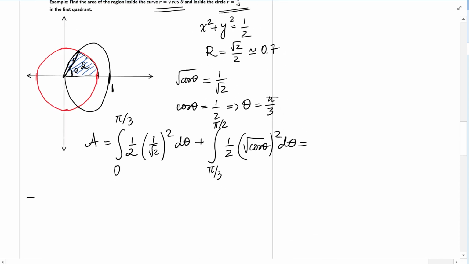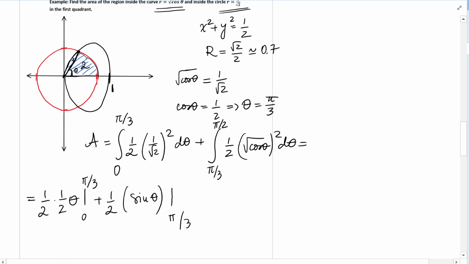We get 1 over 2 times 1 over 2 theta from 0 to pi over 3, plus 1 over 2 times the integral of cosine theta, that's sine theta, from pi over 3 to pi over 2. So if we compute, we get 1 over 4 times pi over 3 plus 1 over 2 times sine of pi over 2, which is 1, minus sine of pi over 3, which is square root of 3 over 2.